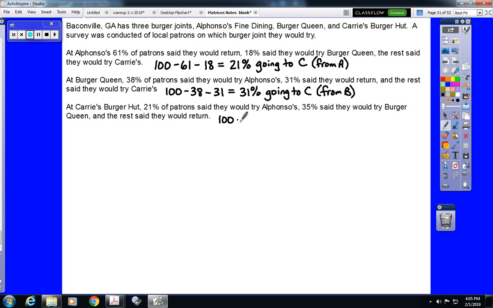So once again, we're going to do 100 minus those two numbers to figure out that 44% return to C.